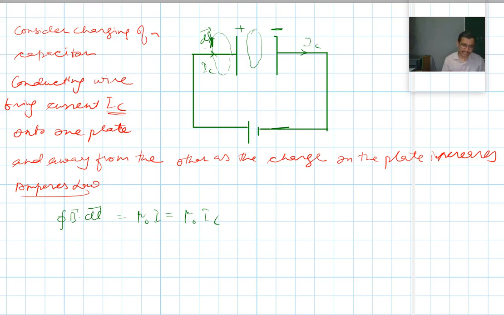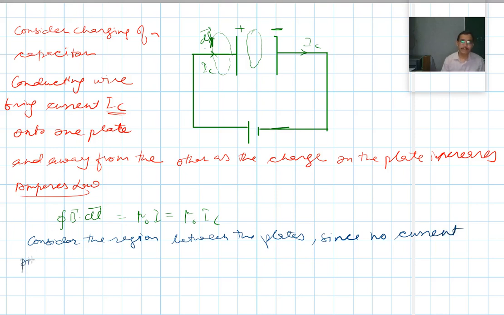But if I consider the region between the plates, and since no current passes through the plate, it means no current will be inside, between the plates.